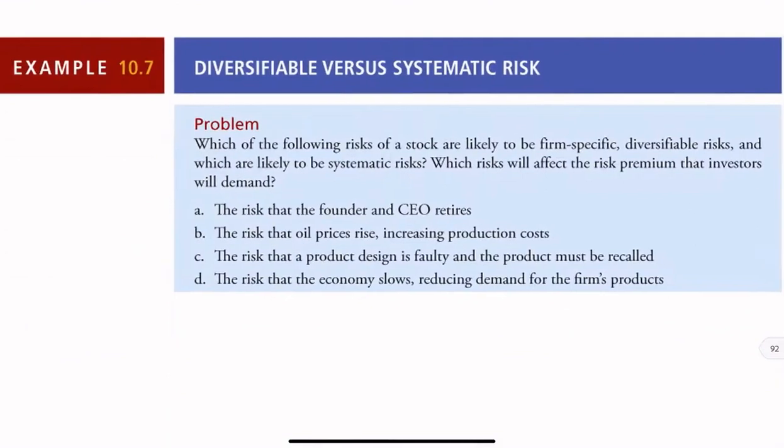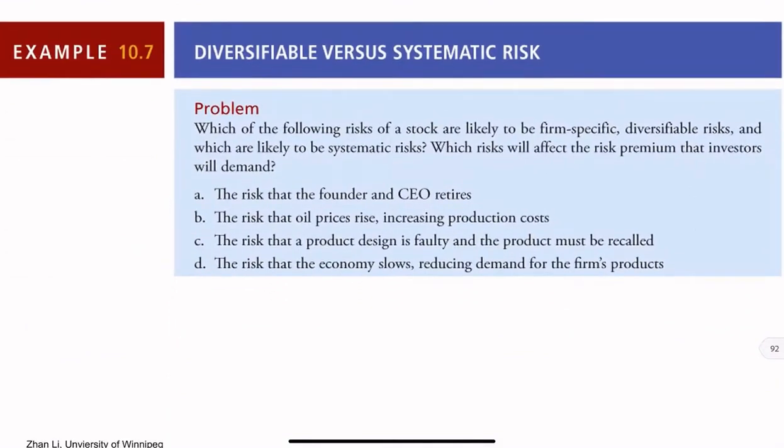Now let's look at this example, solve it, and understand the difference between systematic risk and diversifiable risk. Which of the following risks of a stock are likely to be firm-specific and diversifiable, and which are likely to be systematic risk? Which risk will affect the risk premium that investors will demand?